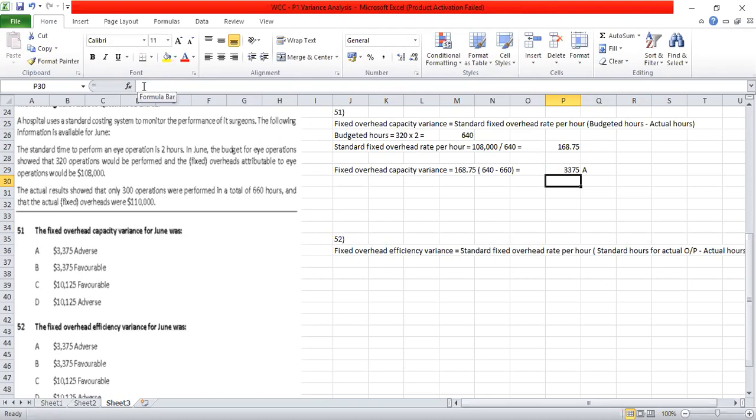I think you can do now what is the fixed overhead efficiency variance. So the standard rate is there. The standard hours for actual output has to be calculated. So let's quickly calculate.